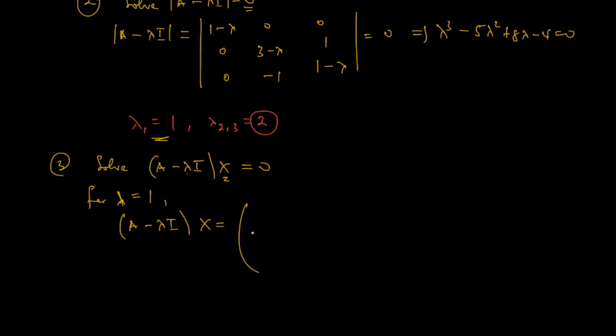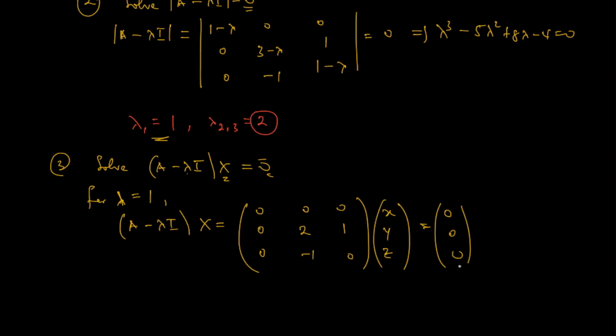So that's going to give us 0, 0, 0, 0, 2, 1, and then 0, negative 1, 0. And then our x here is x, y, z equals 0, 0, 0. The 0 here is the zero vector.